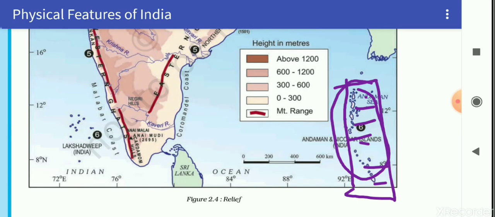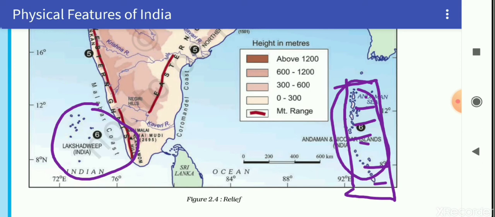So if I talk about the formation of Lakshadweep Islands, actually these islands have been composed of coral polyps. And what are coral polyps? They are short-lived microorganisms. They secrete a hard rock-like substance. The coral secretion and their skeletons deposit in the form of reef.